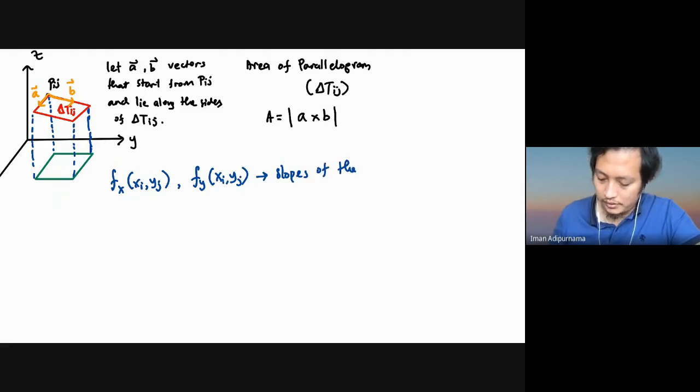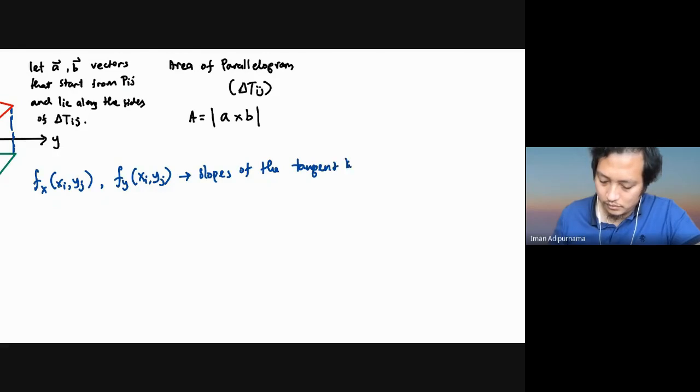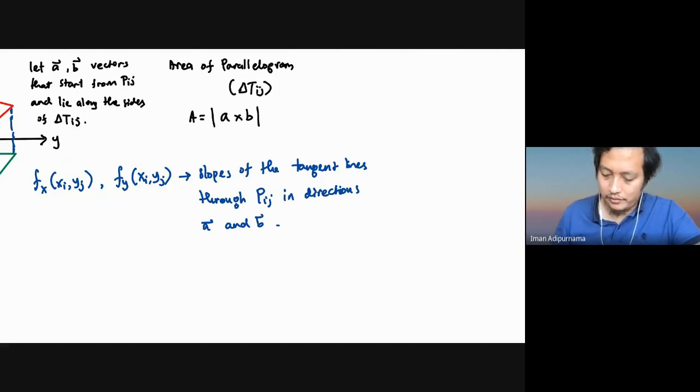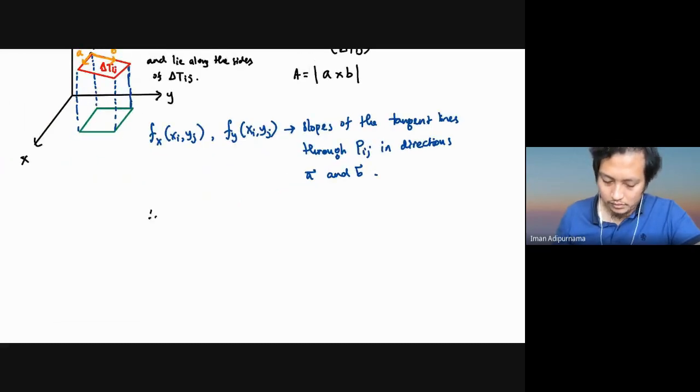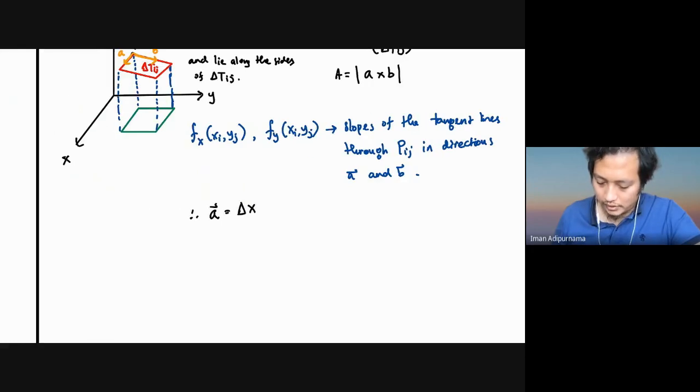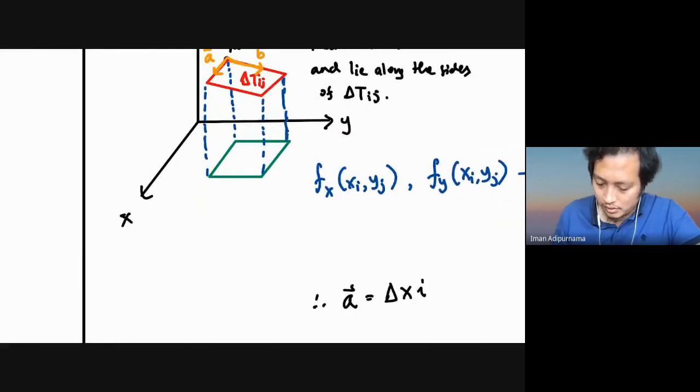Slopes of the tangent line through P in the direction of vector A and vector B. So therefore, vector A we can define as delta x i, so this is delta x, and this will be delta y over here.